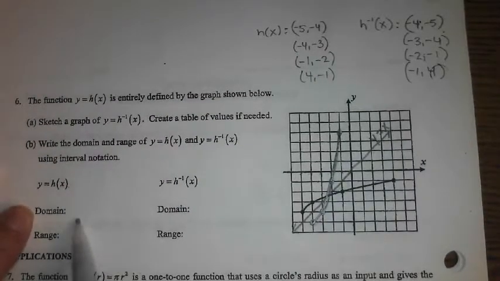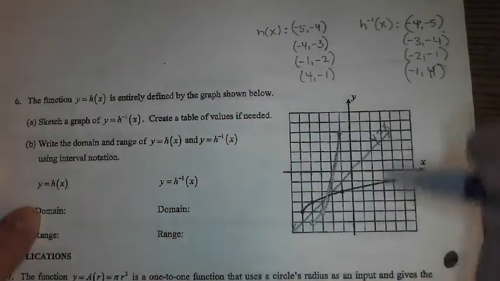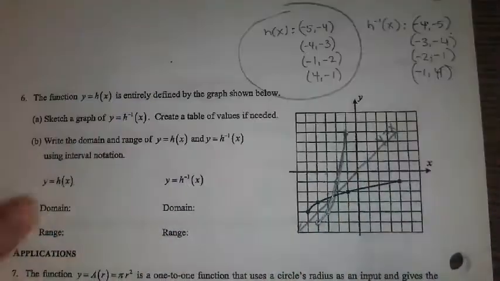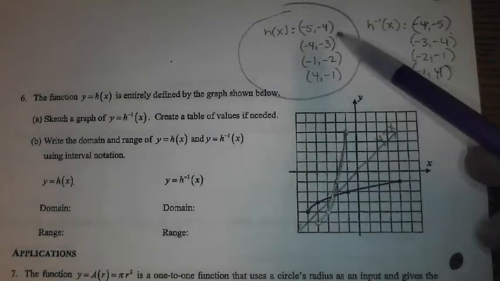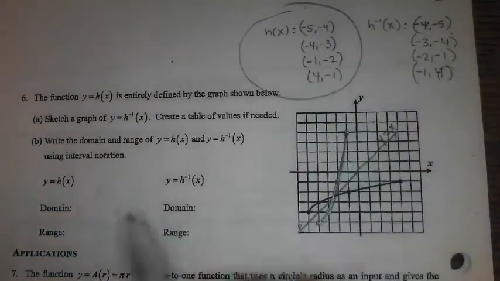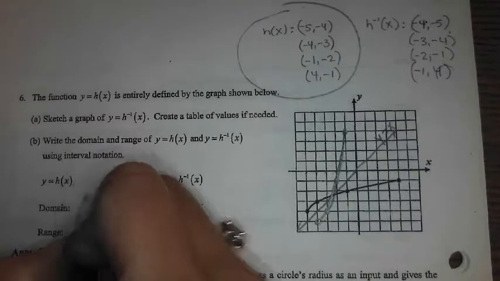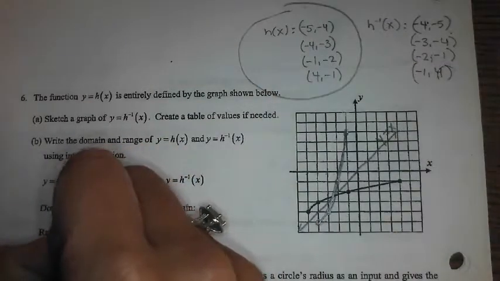Okay, and then just to finish up with 6, if we wanted to look at the domain and range, let's go back to the original function. The domain of this, the lowest x value is -5, and the highest x value is 4. So the domain of this is from -5 to 4.